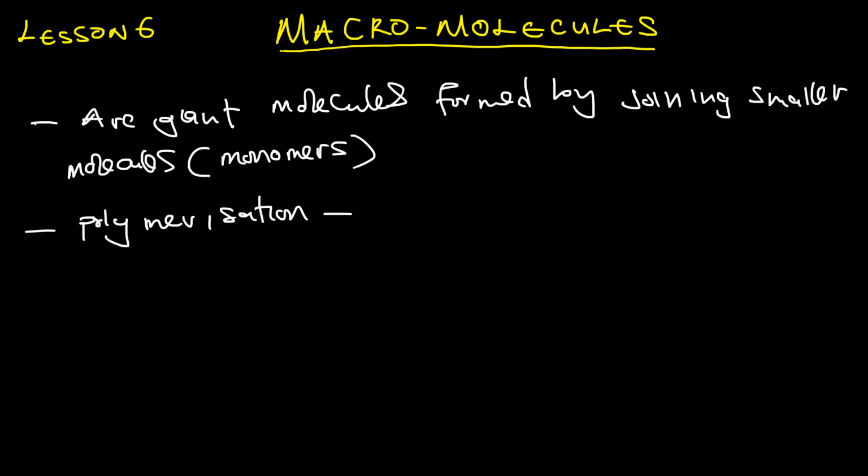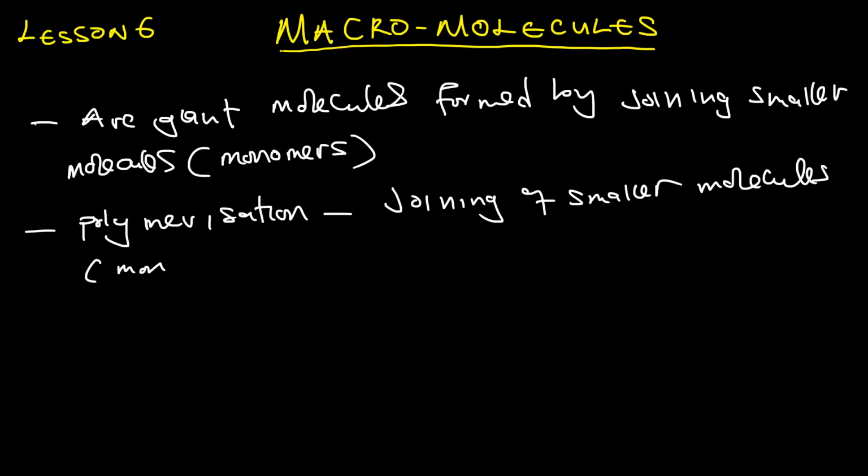So macromolecules are formed by polymerization, and polymerization is just the joining of smaller molecules called monomers to form polymers. So a polymer is a giant molecule. Okay, poly, a lot of monomers. So polymers.